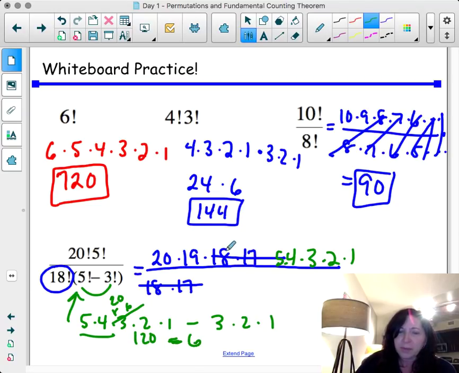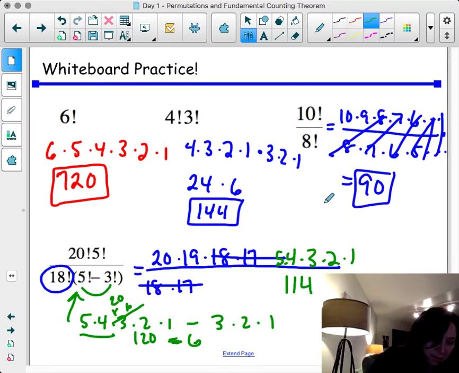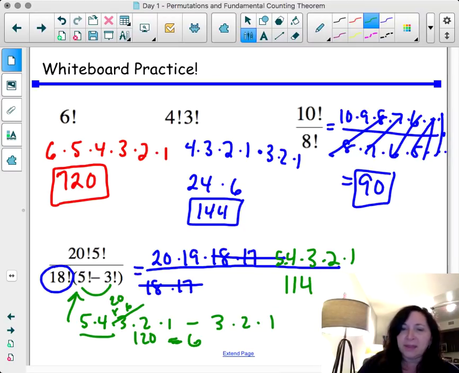So what's 120 minus 6? 114. So that's what you've got there. So basically on the top, you've got 120 divided by 114. And let's see, I don't know, that's going to be 20 over 19. I think that reduces to 20 over 19.